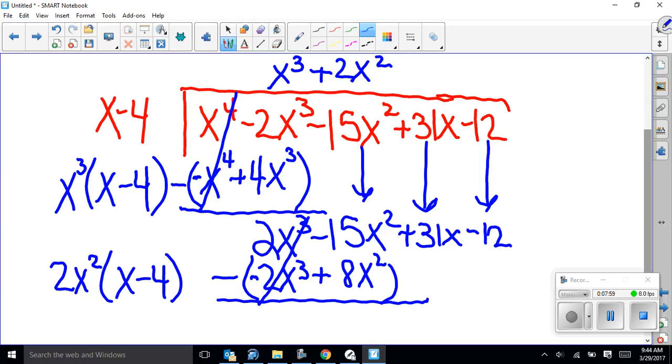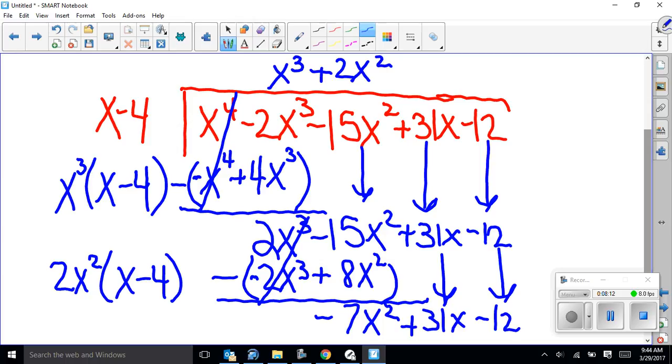15x squared, negative 15x squared plus 8x squared is, and then bringing down. We don't have to write the arrows, do we? No, I'm just exaggerating that I'm bringing them down. Alright, so x times what value is going to give us negative 7x squared?